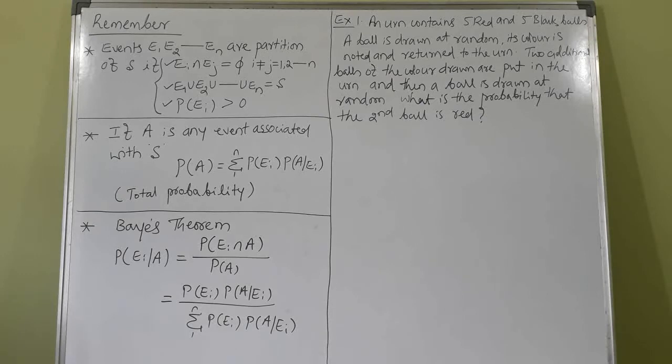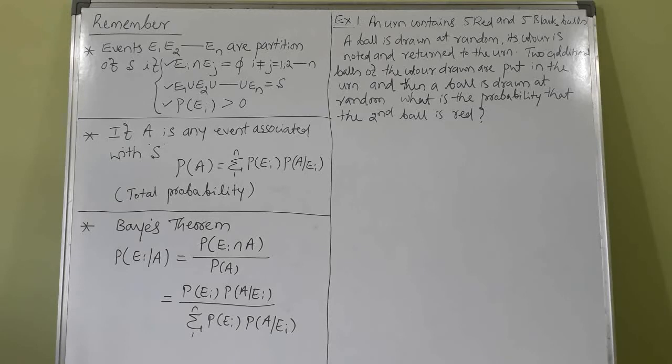If A is any event associated with the sample space S, then probability of A, which is called total probability, is given by the summation of probability of Ei into probability of A given Ei.